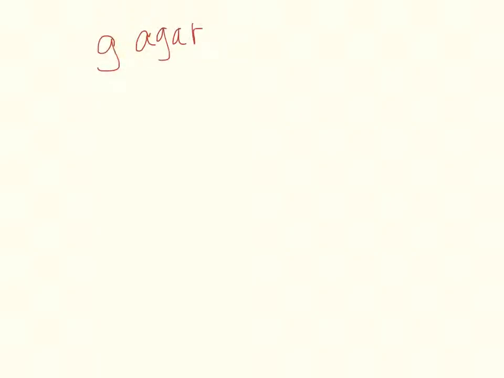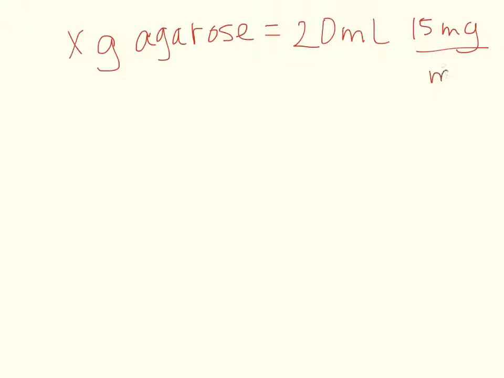Agarose is a chemical that we use to make a gel so that we can run DNA on a gel, to do electrophoresis. It's a white powder, and it actually comes from seaweed. So how many grams of agarose would it take to make 20 milliliters of a 15 milligram per milliliter agarose solution?